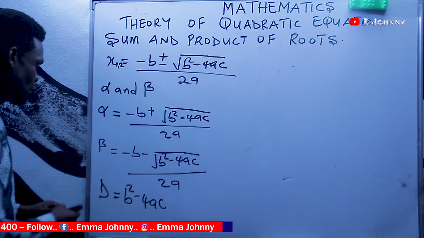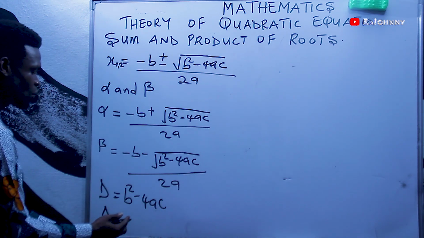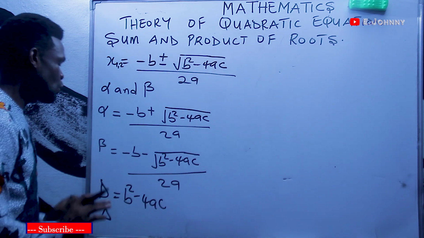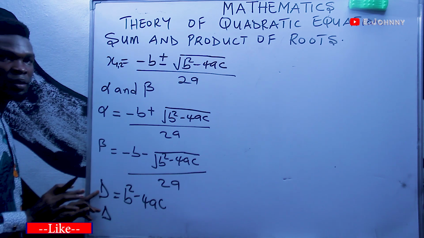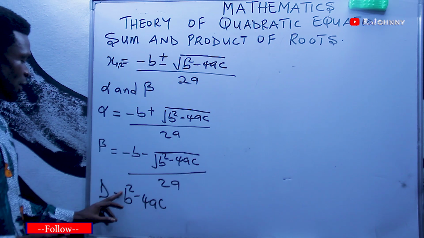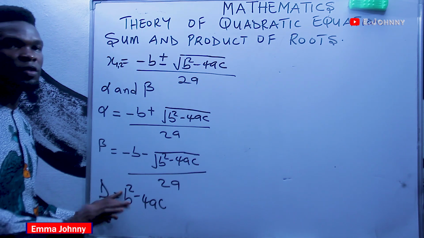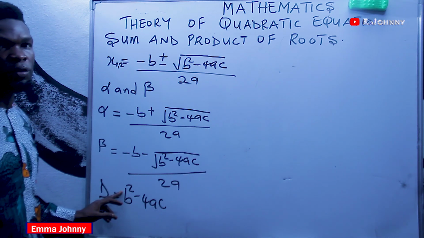Some authors may use a different denotation, but what is most important is defining what this D is, which is the discriminant. This discriminant discriminates the types of root, that is, it differentiates the types of roots of a quadratic.